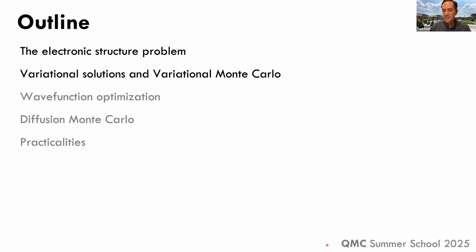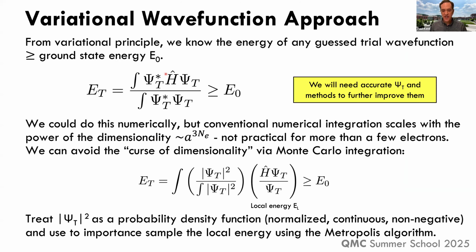So given that setting of the scene, let's now talk about variational approaches to tackling this problem. And what we're going to use here is the variational principle of quantum mechanics, which should all be familiar to us from some of our early quantum mechanics lessons. Essentially what we know is that if we evaluate the energy of any trial wave function, basically by definition, it has to be equal to or above the ground state energy.